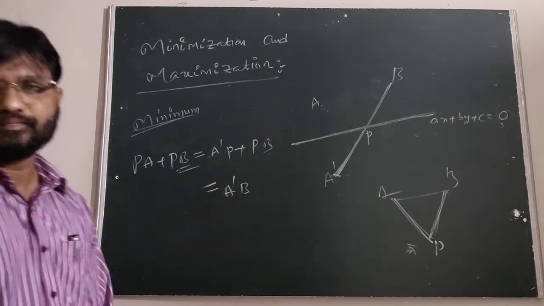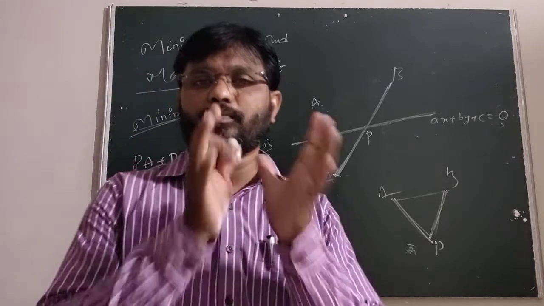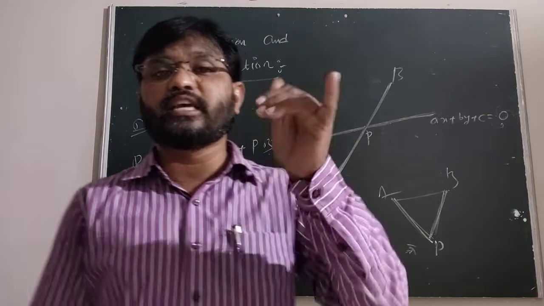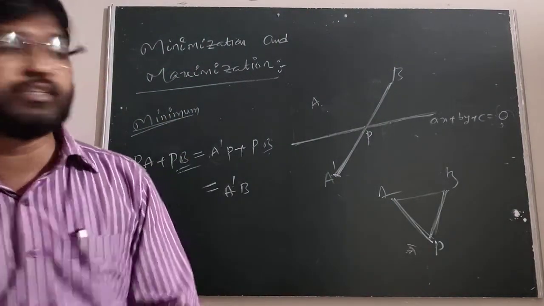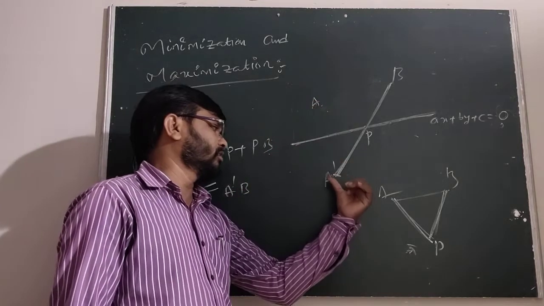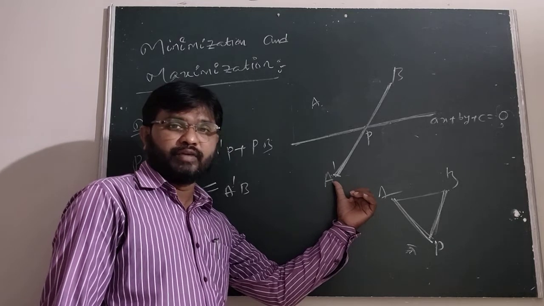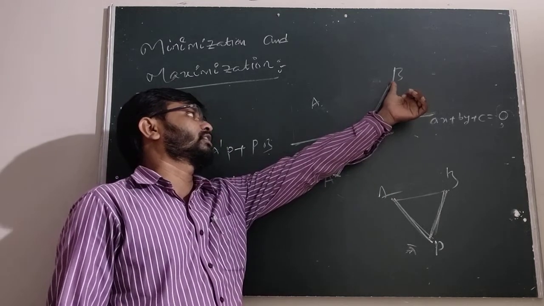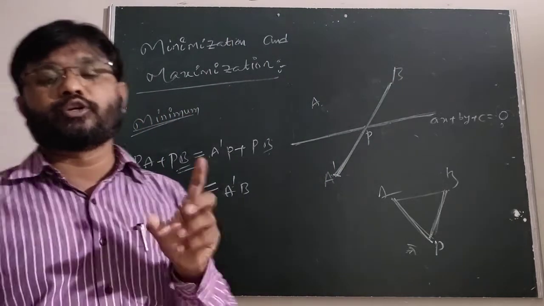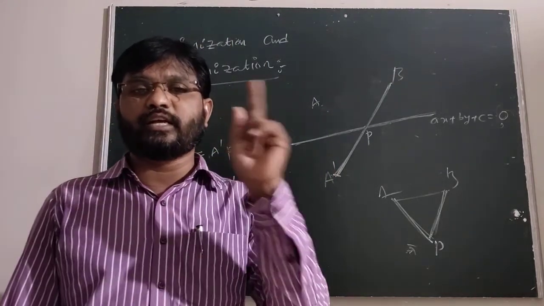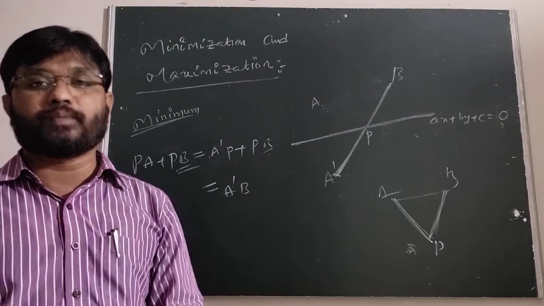Is it clear? So how to find the minimum distance of PA plus PB? When the points lie on the same side of the line, then we first have to find the image of one of the given points, then find the distance from the image to the rest of the point.